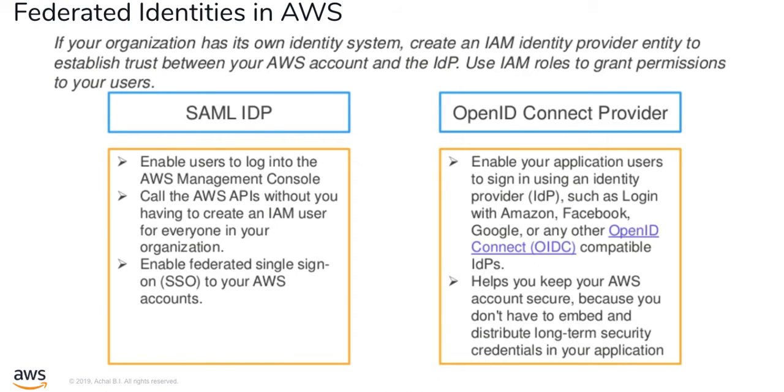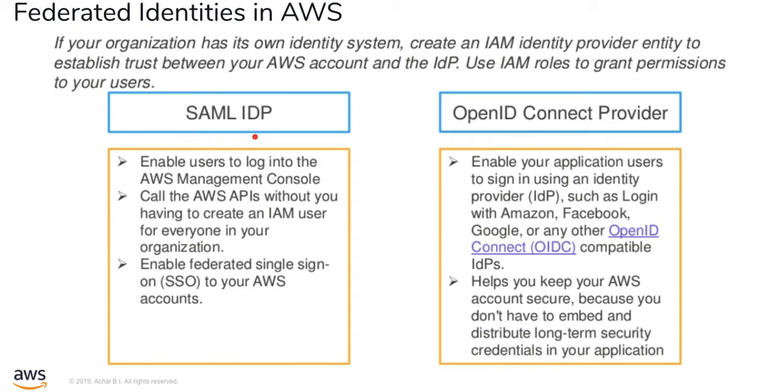As I told, there are federated identities. So if you have an organization and it has its own set of identities, you create an IAM identity provider entity and establish a trust between the AWS account and your IDP. You use roles to grant permissions to this. So we already went through it. There is something called a SAML IDP, which has two different variants.